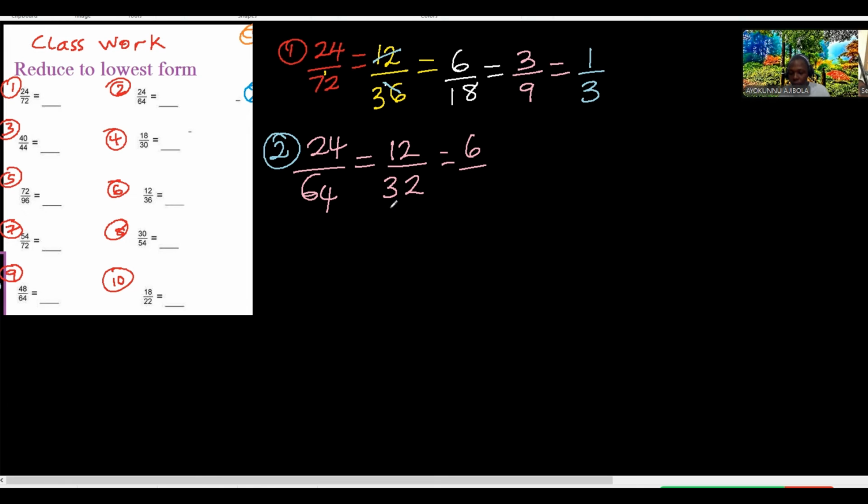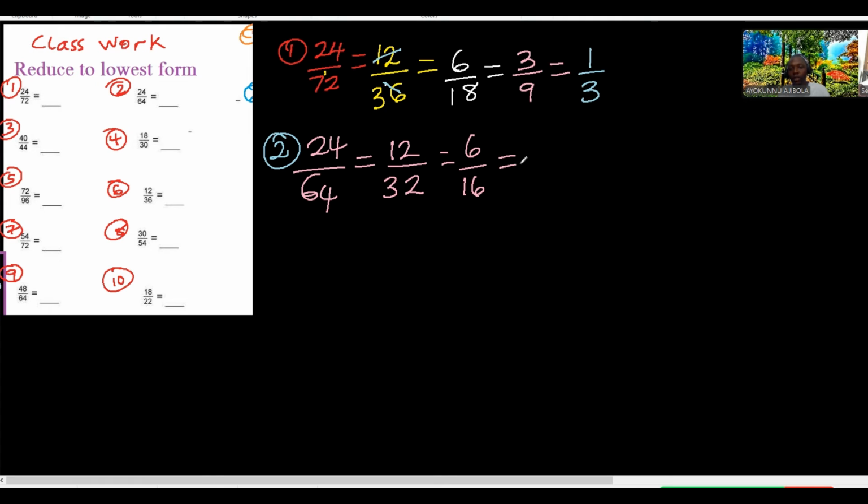How many 2s are in 3? 3. How many 2s will you see there? 16. Okay, it's 16, right? In 32. Fine. I was saying you can divide it one by one. How many 2s are in 3? That's 1. Remainder 1. How many 2s in 12?